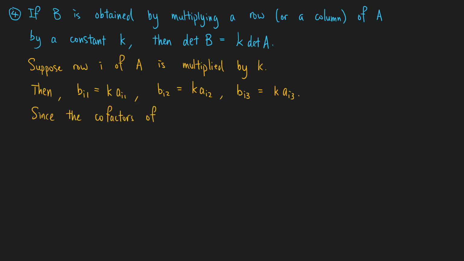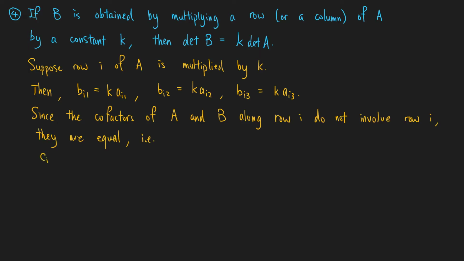Since the cofactors of A and B along row i do not involve row i, they are the same. In other words, Ci1 of B equals Ci1 of A, Ci2 of B equals Ci2 of A, and Ci3 of B equals Ci3 of A.